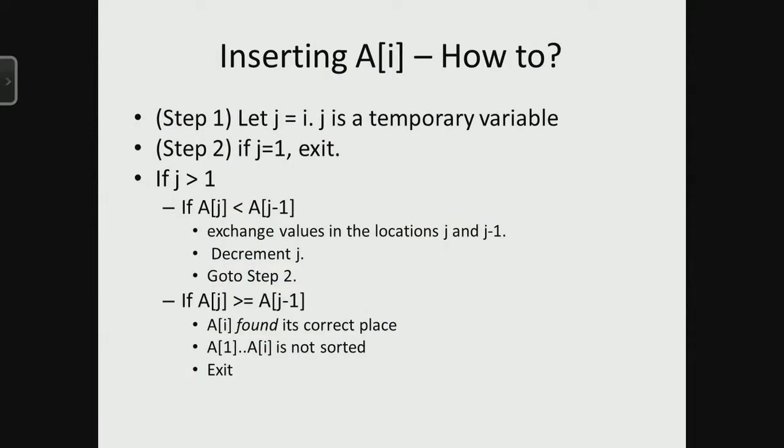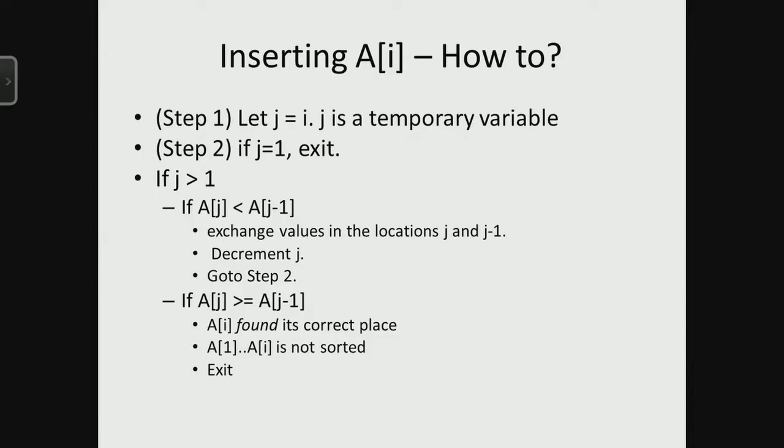We first set j to be a temporary variable, and whenever j takes the value 1, we exit. We will see what the motivation for this condition is. As long as j is more than 1, a comparison is made of the elements a of j and a of j minus 1.